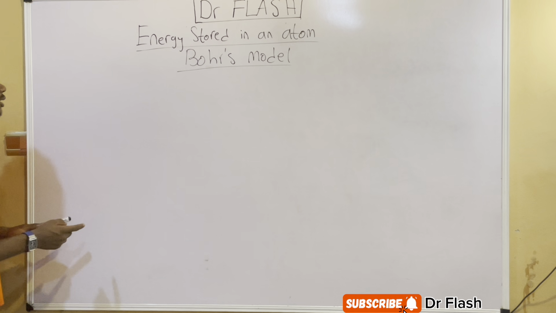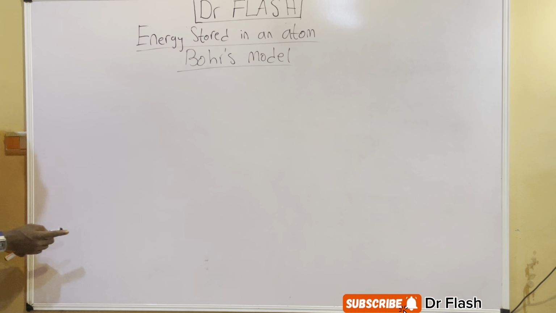Basically, we talked about two postulates that we used in deriving those equations. We first said that the centripetal force is equal to the electrostatic force, which is mv squared divided by rn equals kze squared divided by rn squared.